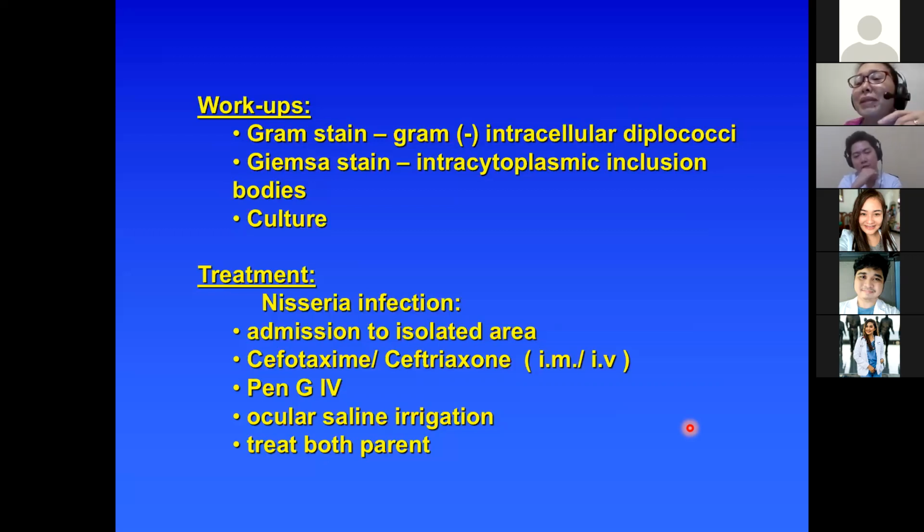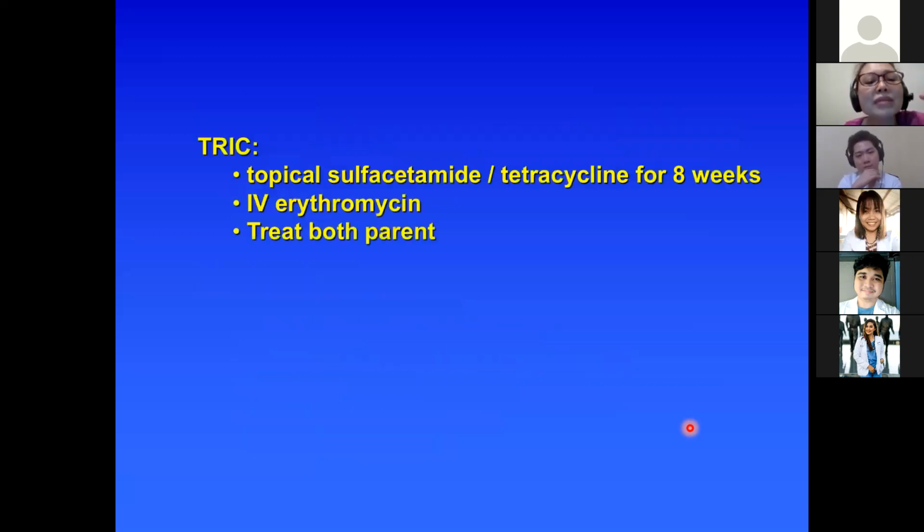Hindi yung puro patak. You have to clean the eye with NSS. Your inclusion conjunctivitis, tetracycline is given for 8 weeks. Oral tetracycline.